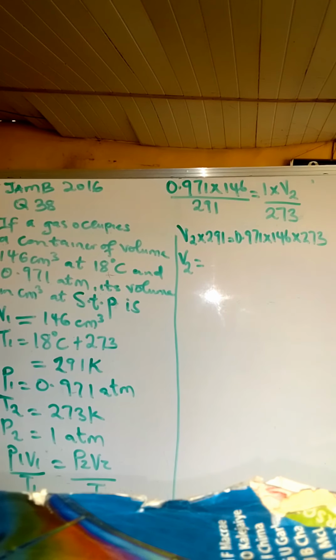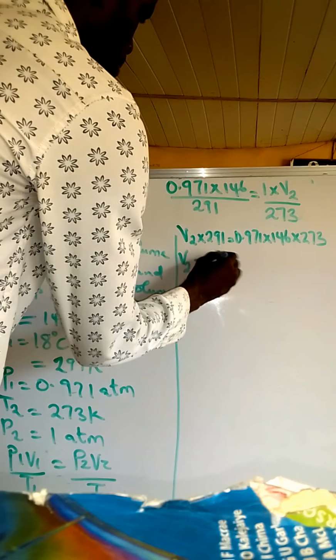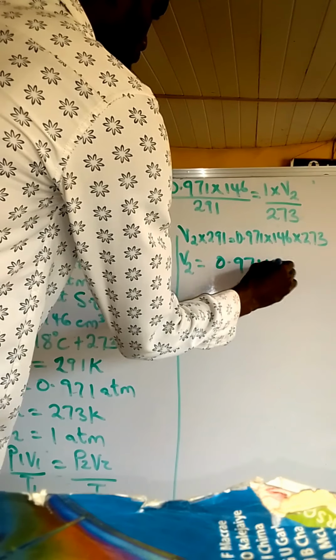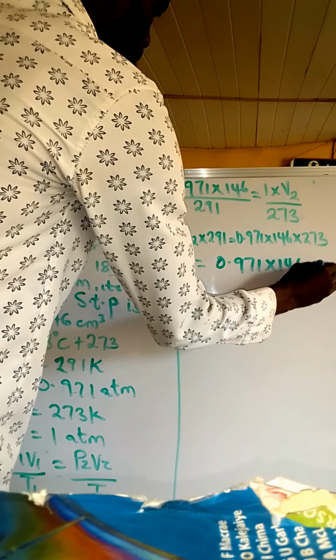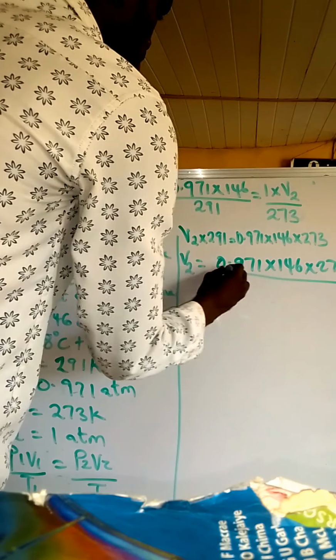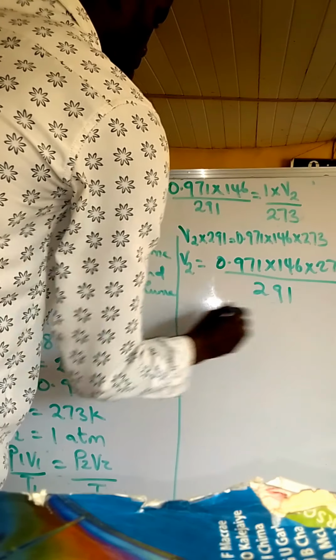Therefore, our V2 here is 0.971 times 146 times 273, everything divided by 291.